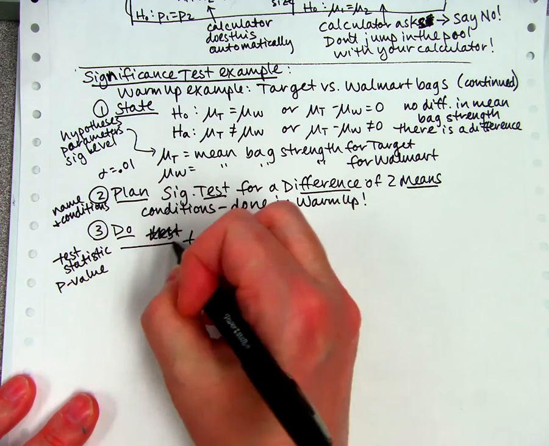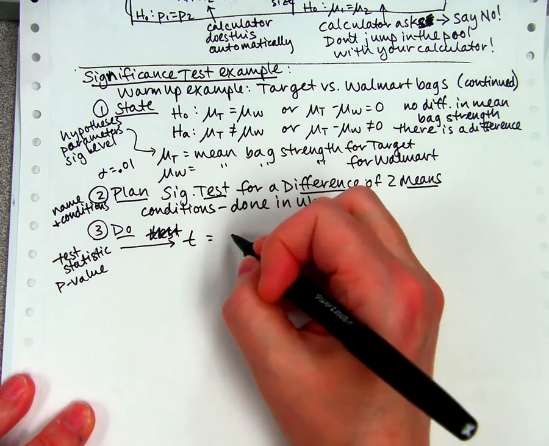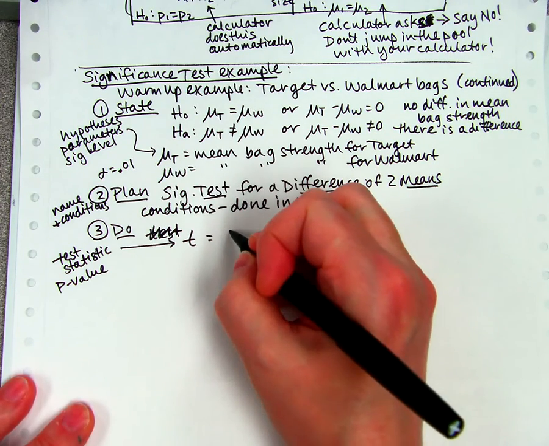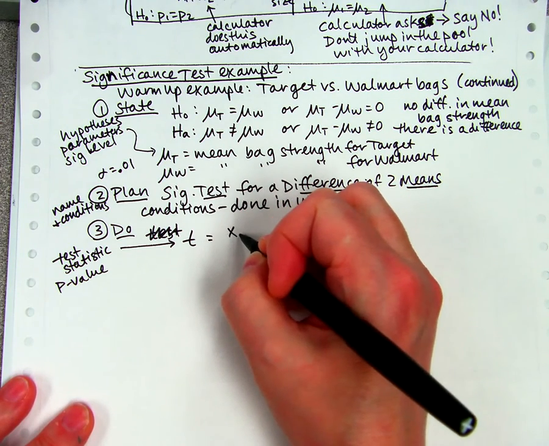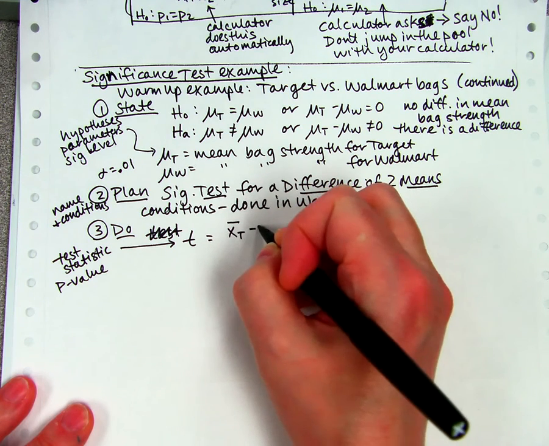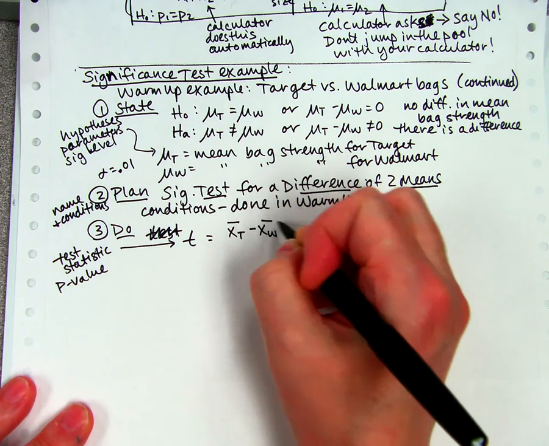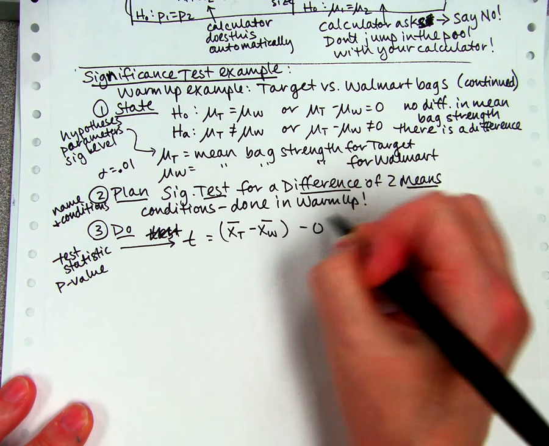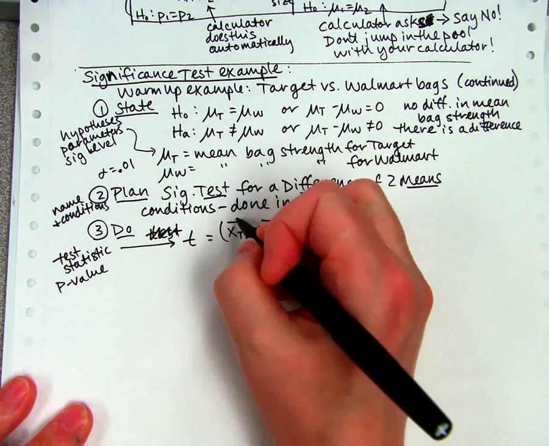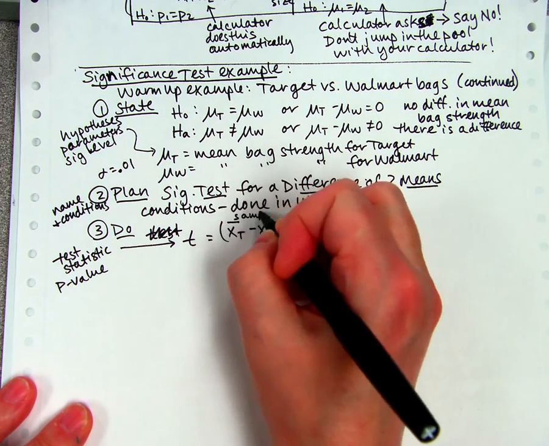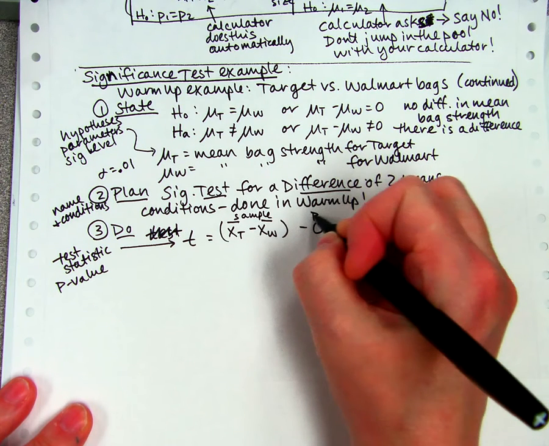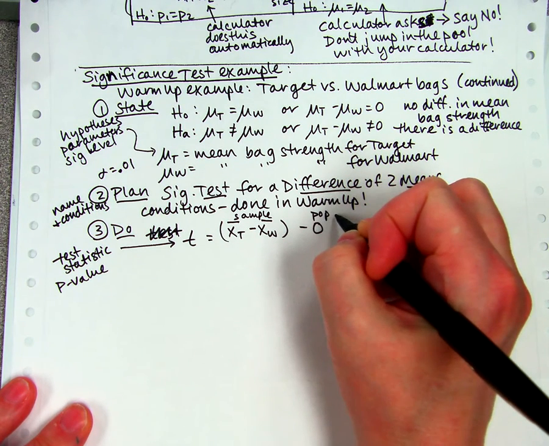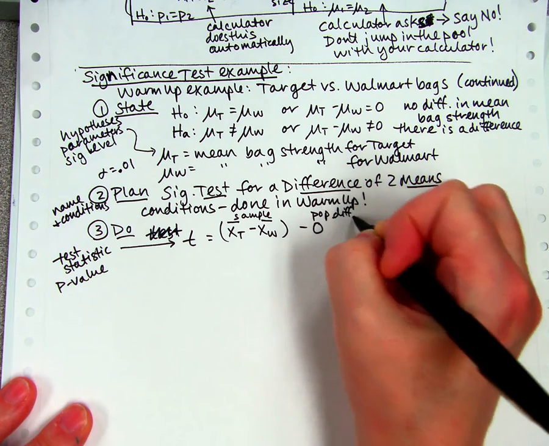The test statistic is called t, and it is, as usual, our sample mean difference, which is xt bar minus xw bar, minus 0, which comes from my null hypothesis. So this is my sample difference minus my hypothetical population difference.